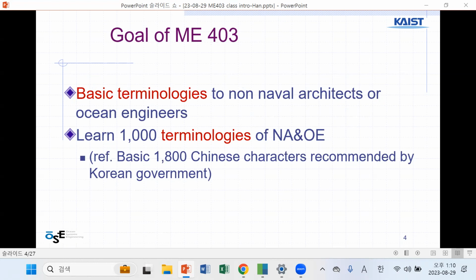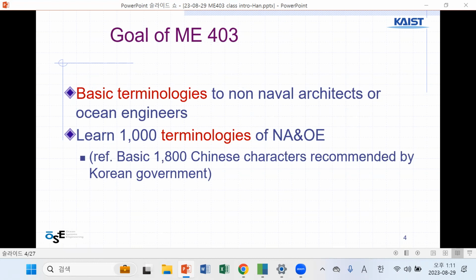You will learn that the terminology is very unique in shipbuilding and naval architecture, especially in naval architecture rather than ocean engineering, because the history of naval architecture is very long, several thousand years old. That's why it keeps old and unique terminology.